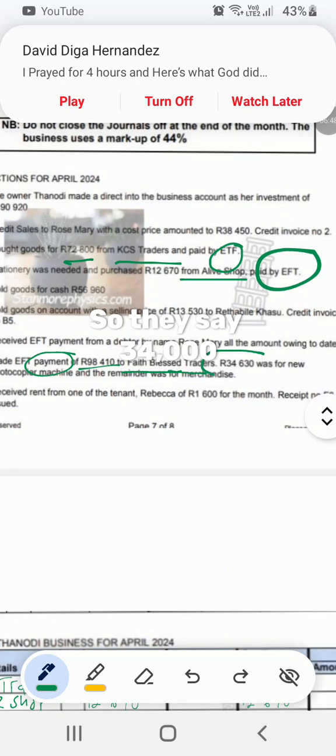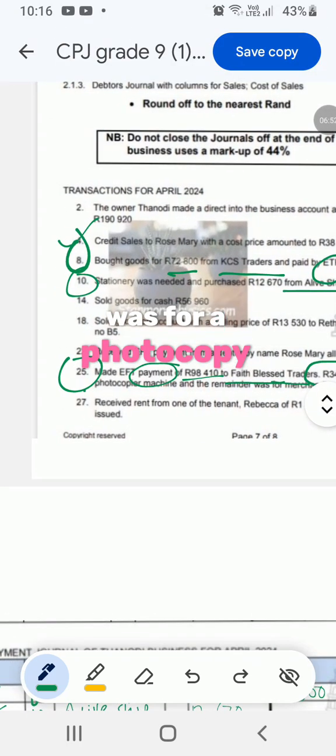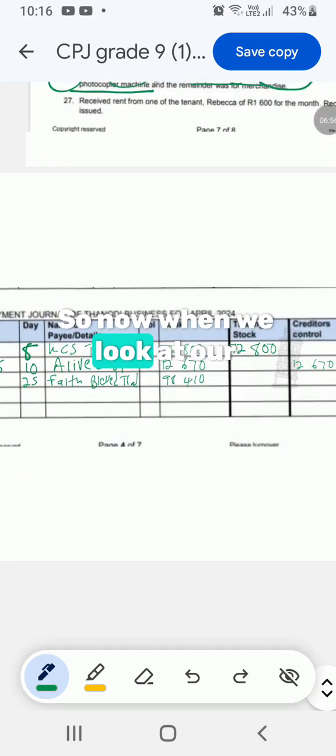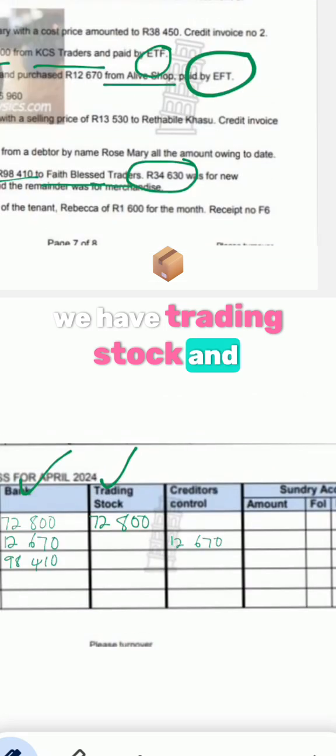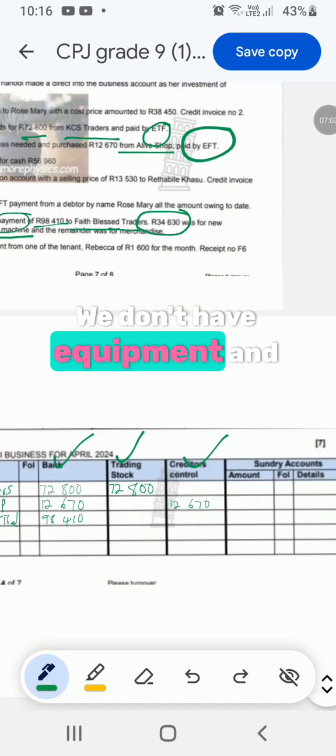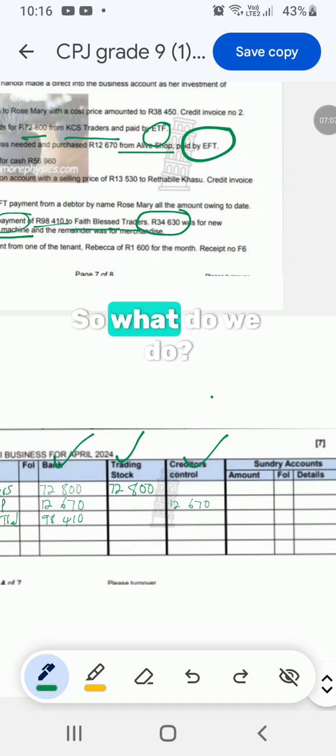They say 34,000 was for a photocopy machine. Now when we look at our headings, we have bank, trading stock, and creditors control. We don't have equipment, and a photocopy machine is equipment. So what do we do?